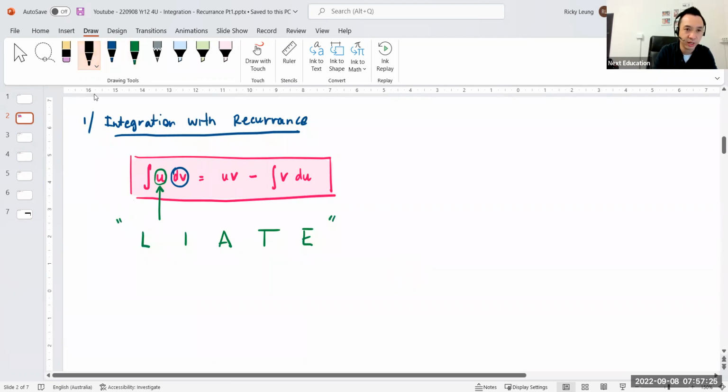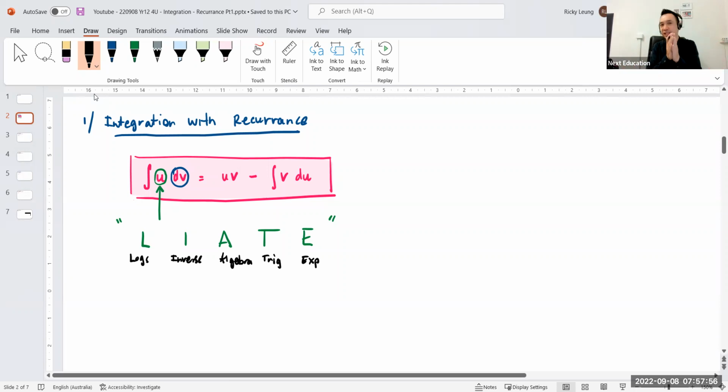So LIATE, that's logs, inverse functions, algebra, including one as trig, and that's exponentials, right? So given an expression with two functions, let's say I have logs and trig, I would let u be logs first, reading from left to right. And if there's algebra and exponential, let u be algebra instead of exponentials.